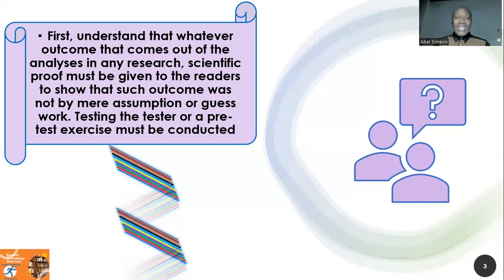Once you put this on the table, then there is proof that this is the outcome of the regression analysis. It will be believed, it will be accepted scientifically because you had already proven it. So assumption tests are tests that are carried out prior to the analysis.